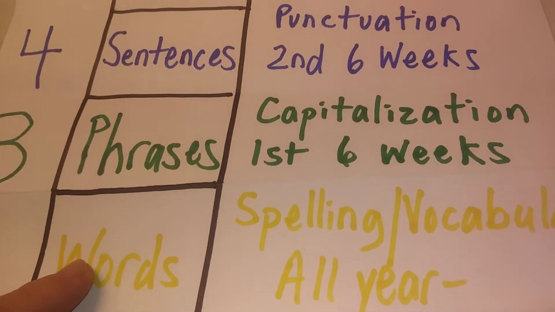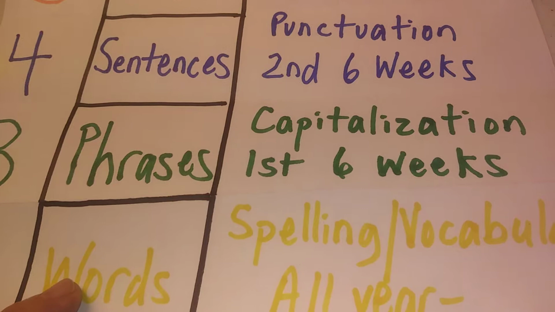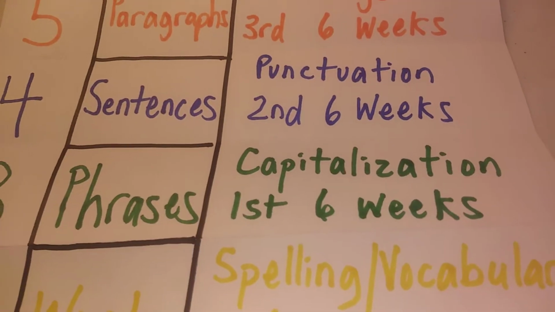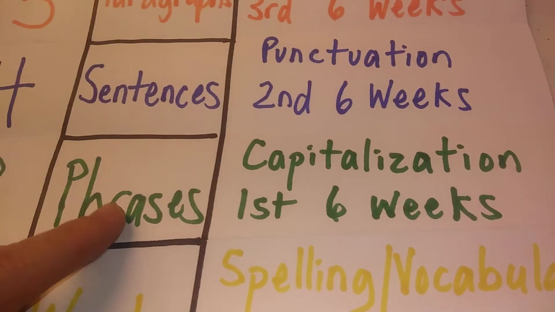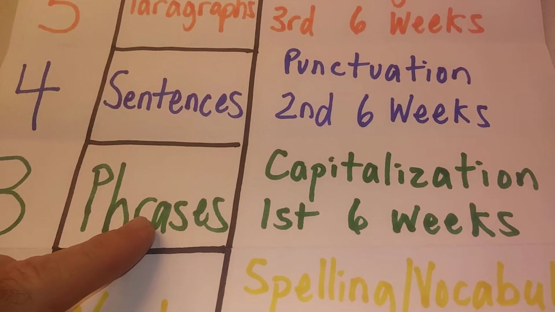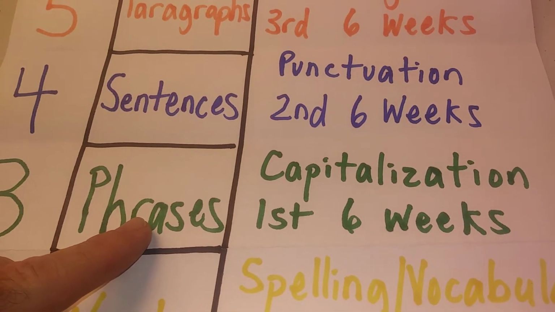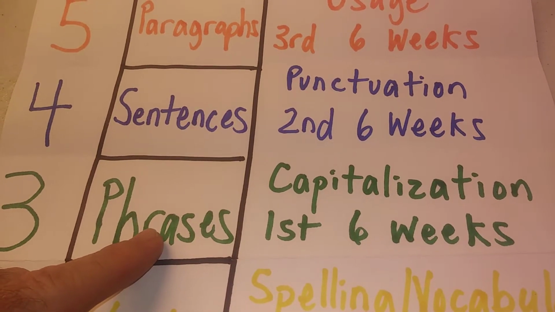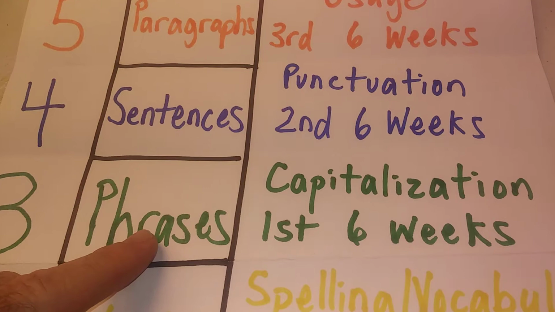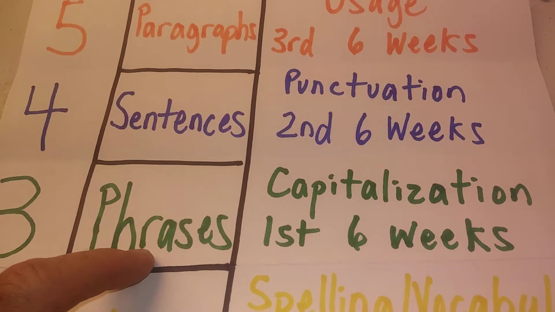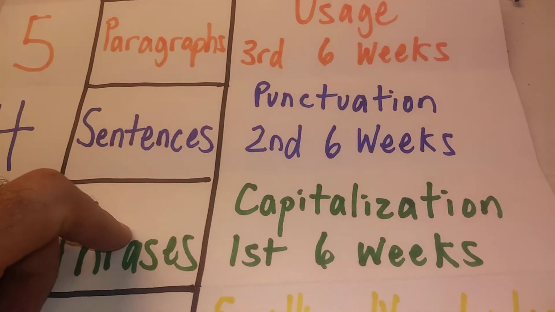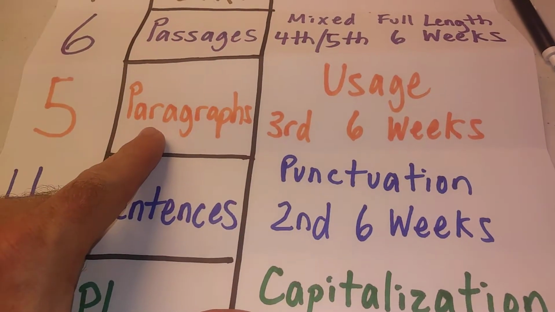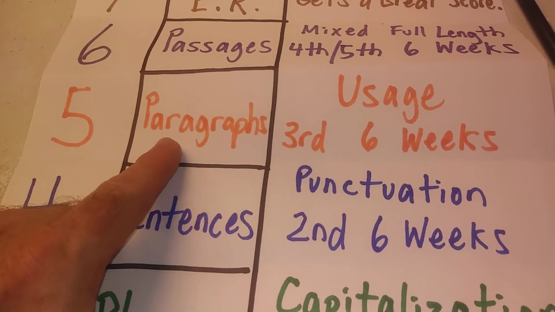A central idea statement is based on what the students think or believe or feel about a topic. Then you talk about capitalization with phrases like their name, the school, the city and state they live in, etc. And then working to capitalization in sentence format, capitalization in paragraph format.